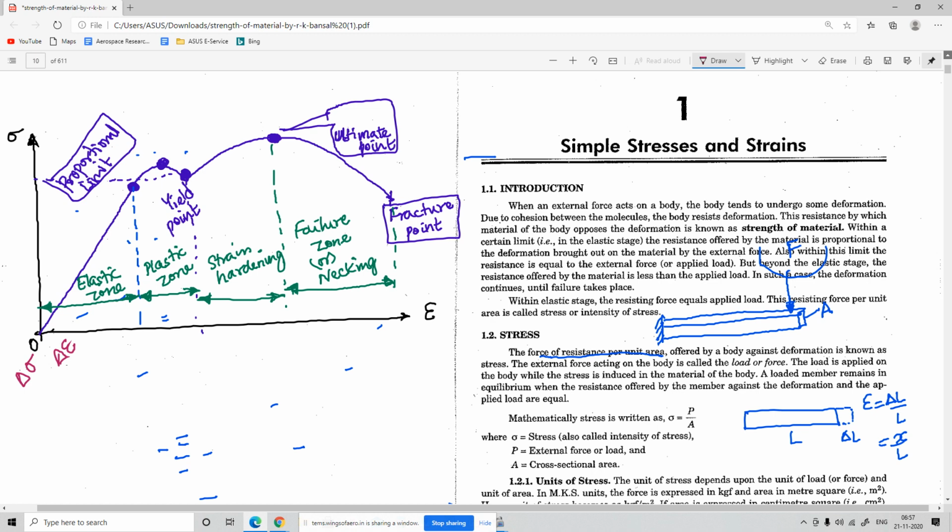They will give you some points of stress and some values of strain, and from there you need to find the Young's modulus. How will you find it? Any idea?